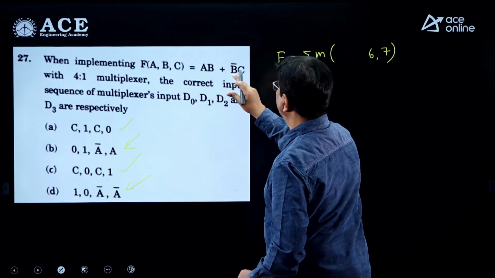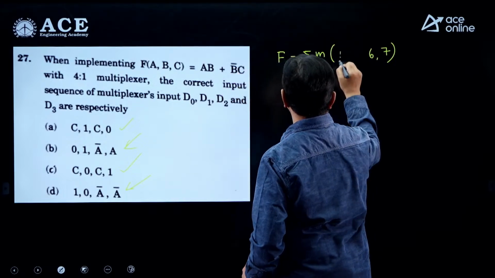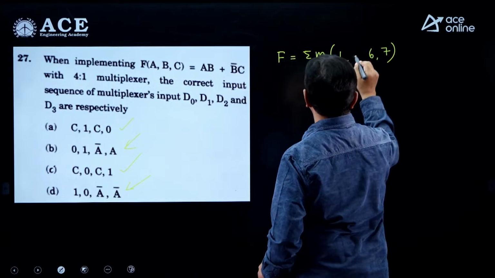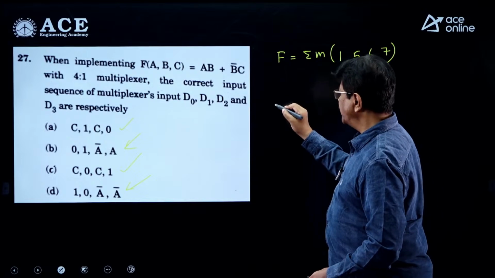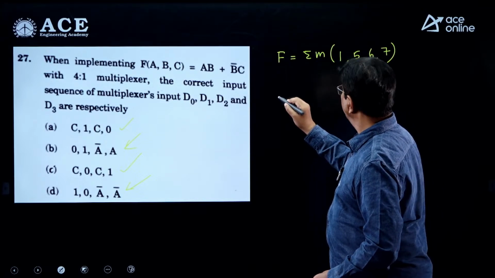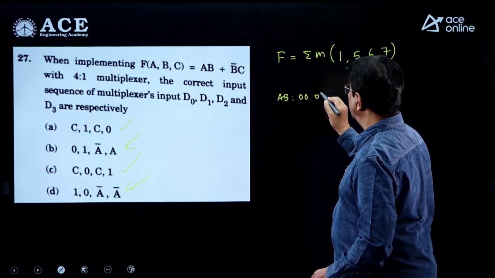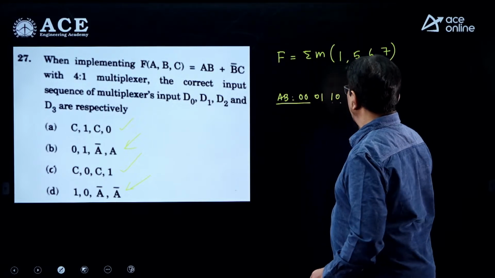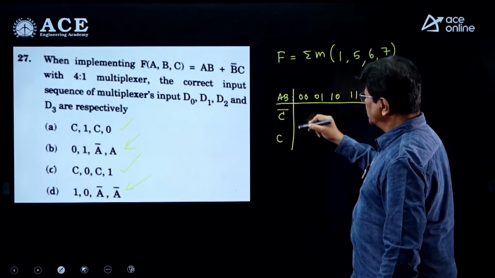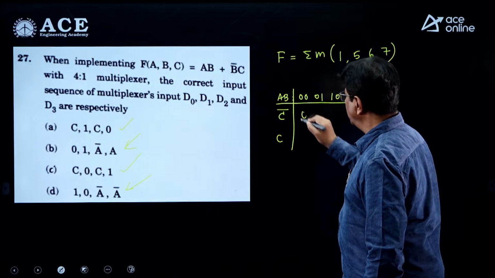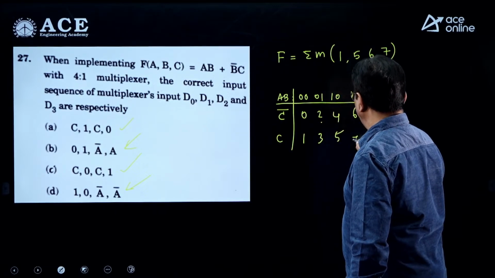This is 0, 0, 0, 0, 0, 1, that is 1, and then 1, 0, 1, that is 5, then 6, 7. So you have to do two things. First of all, select AB as selection lines. That is going to be AB equal to 00, 01, 10, 11, and here it is C and C bar and C. So fill all the min terms here, 0, 1, 2, 3, 4, 5, 6, 7.